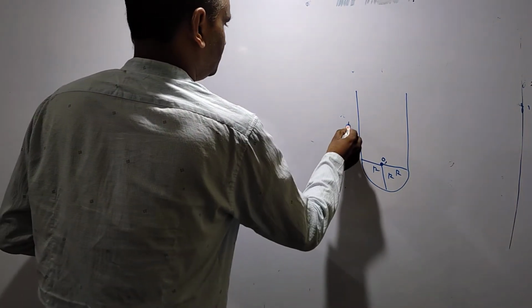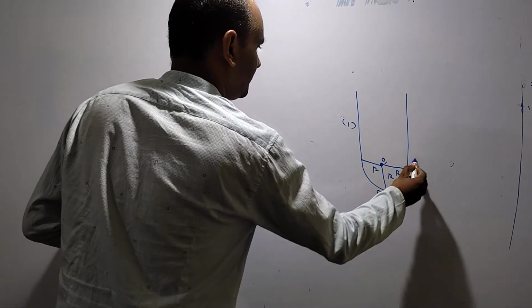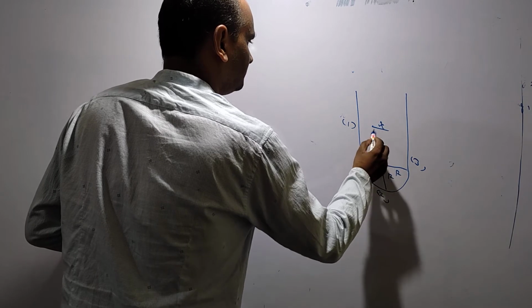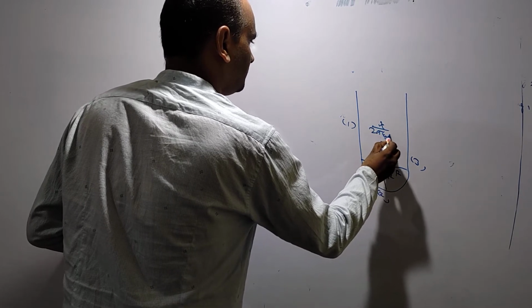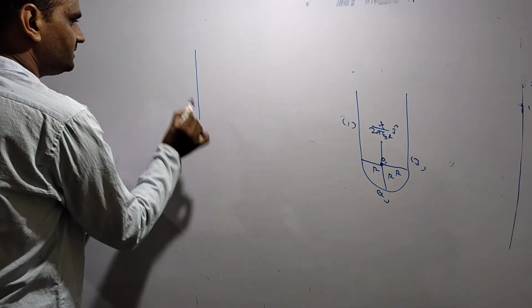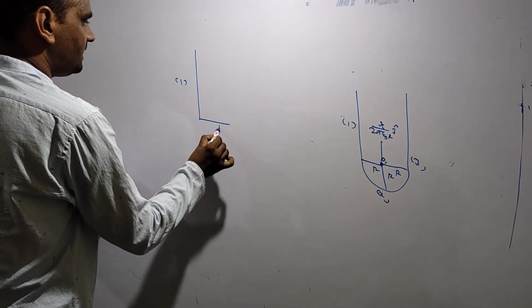Now this is 1, 2 and 3. In these directions, it has lambda by 2 pi epsilon naught r in the j direction, and this is segment 1, and this is r.